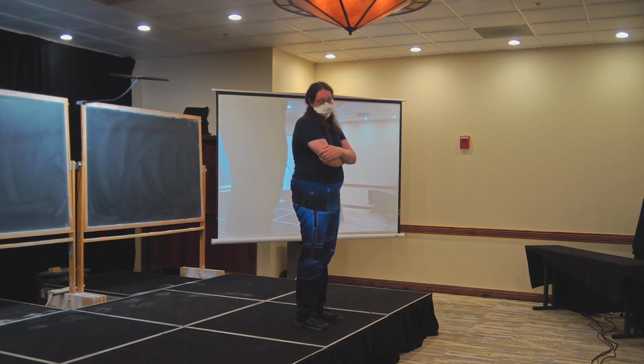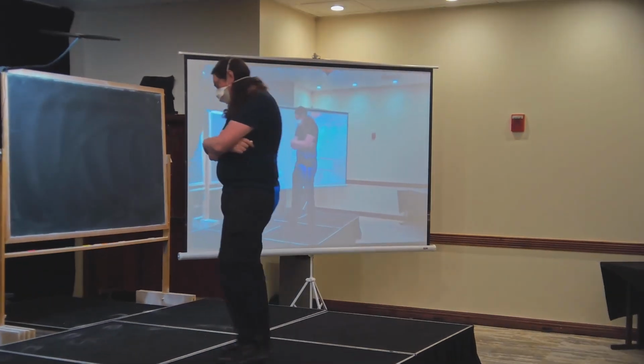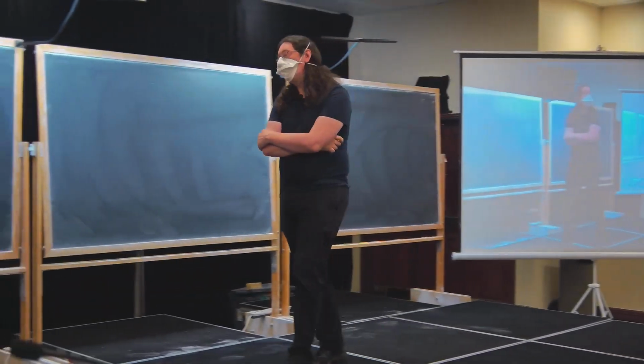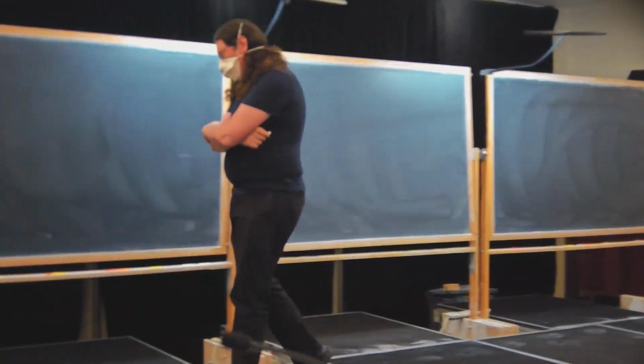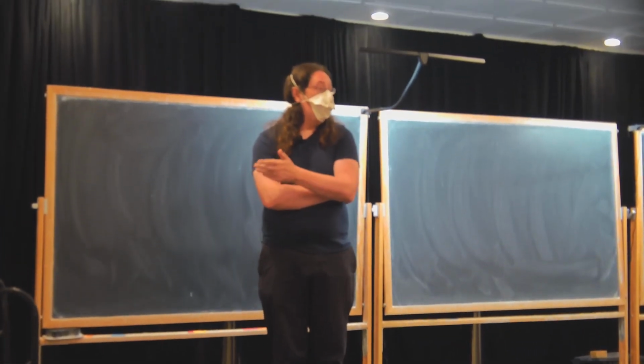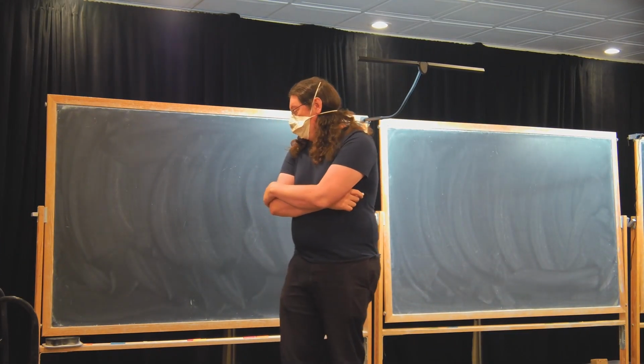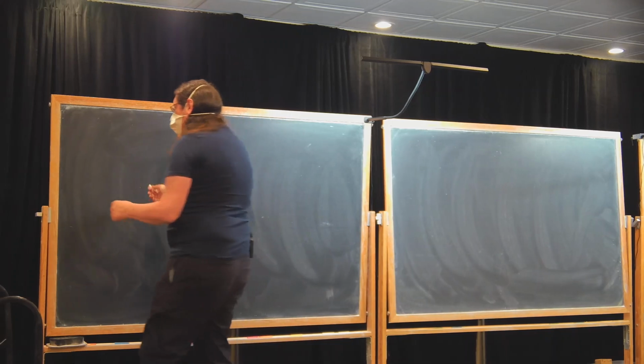So I'm going to give the second lecture to do with extremal numbers. The main theorem that I'm going to try and prove today is something I mentioned the last day, which is the following.